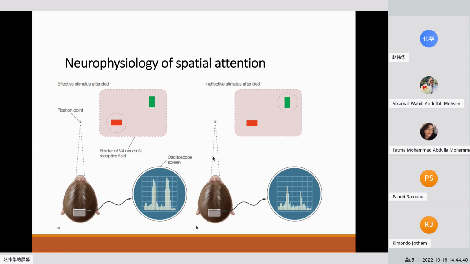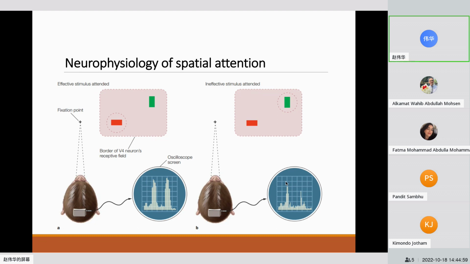When the red stimulus was attended, it elicited a strong response compared to this one, only in the corresponding neuron.